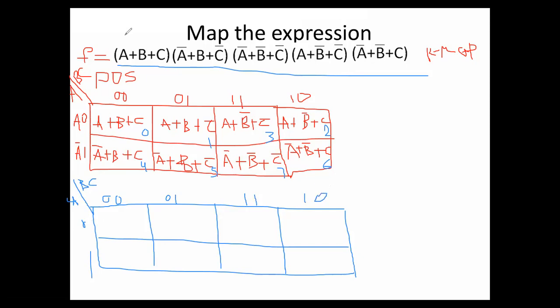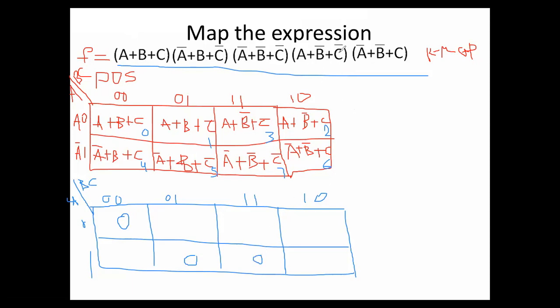Now take the expression here. The first term is A plus B plus C, in that place we put 0. In the corresponding cell, A bar plus B plus C bar is the 101 combination, so here also we put 0. Next, A bar plus B bar plus C bar is 7, so here we put 0.